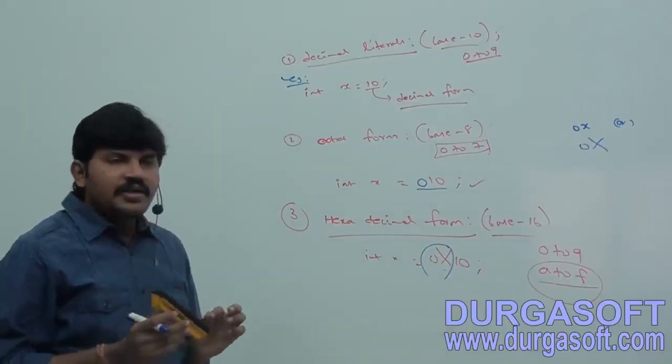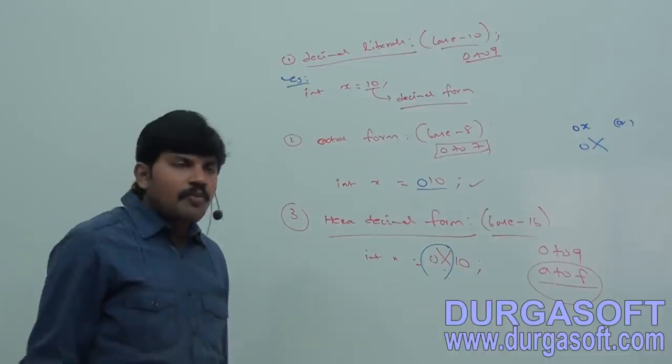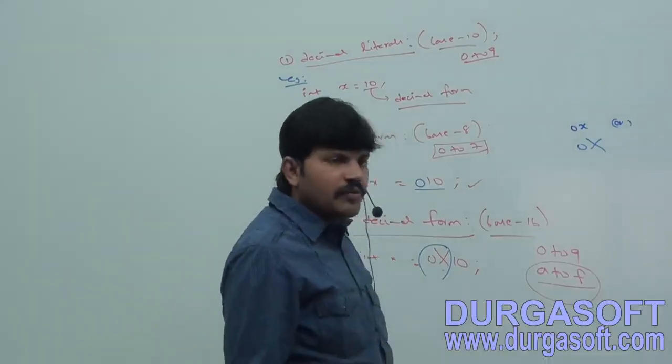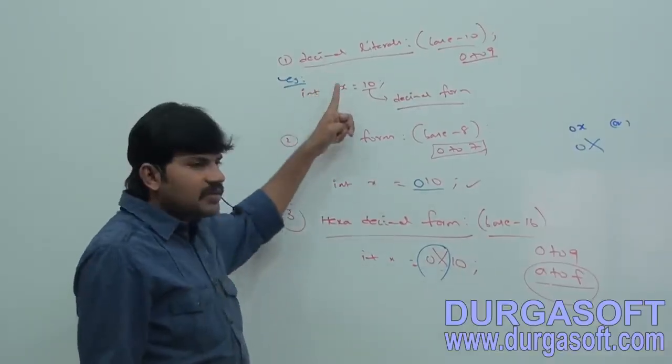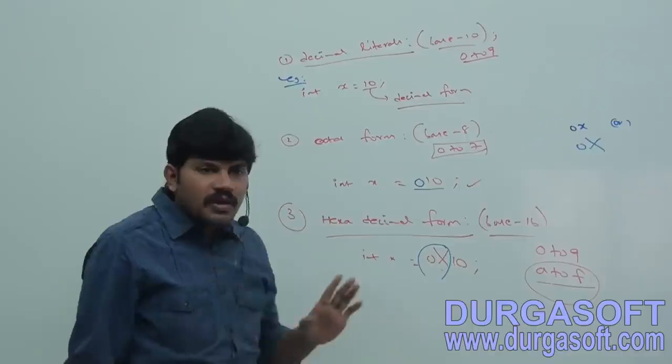So for integral data types, in how many ways can we specify a literal value? Have you observed? Total how many ways are there? Three ways. One is decimal, second is octal, third is hexadecimal, right?